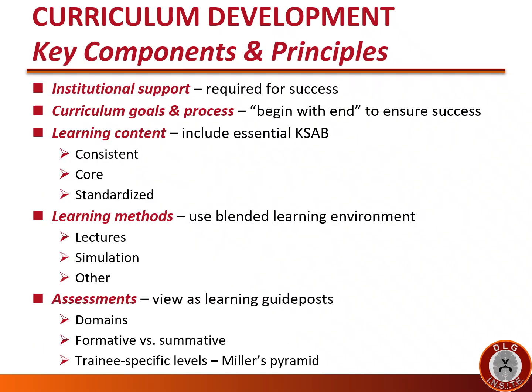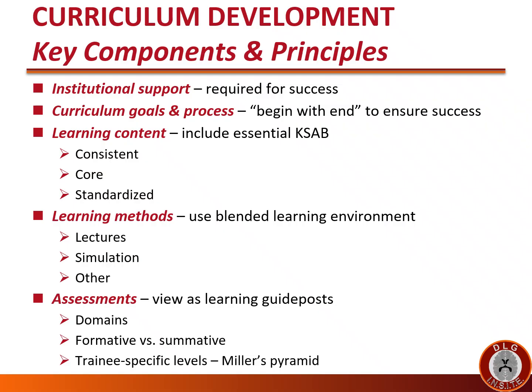In this talk, we will discuss the key components and principles of curriculum alignment, including institutional support and why it is required for success, curriculum goals and process, why you should begin with the end to ensure success, learning content, to emphasize essential knowledge, skills, attitudes, and behavior that are consistent, core in nature, and standardized.